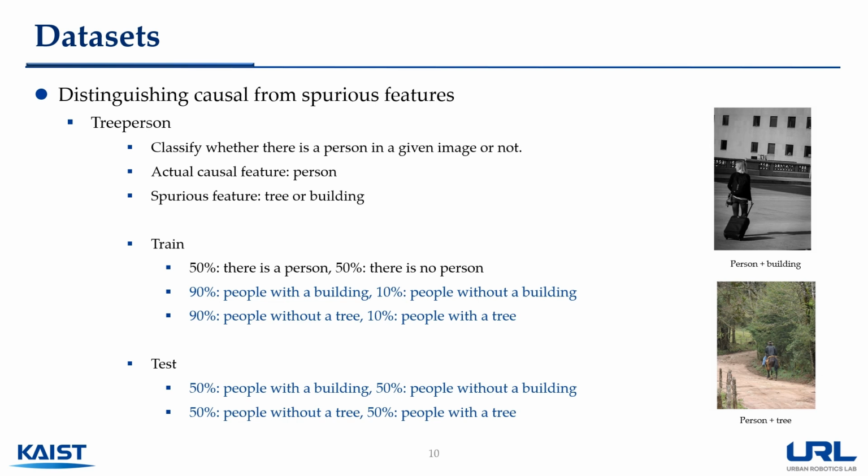It is to classify whether there is a person in a given image or not. So the actual causal feature is the person, and the spurious feature is the tree or building. In the train dataset, 90% are people with a building and people without a tree. In the test dataset, just 50% each.